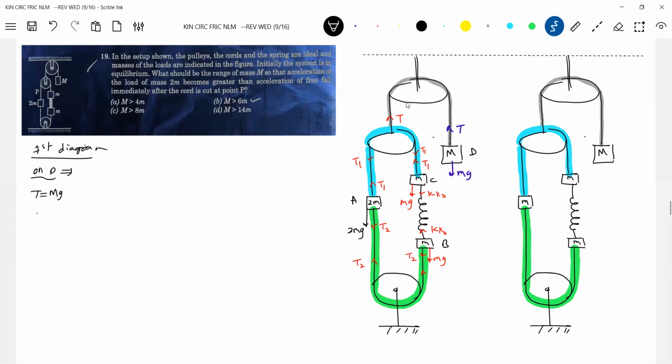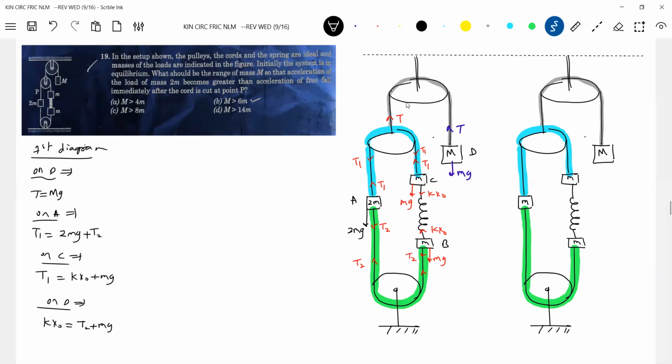Then on A, T1 equal to 2 small mg plus T2. Then on C, T1 is equal to Kx naught plus mg. On D, Kx naught is equal to T2 plus mg. Okay, these are the equations.